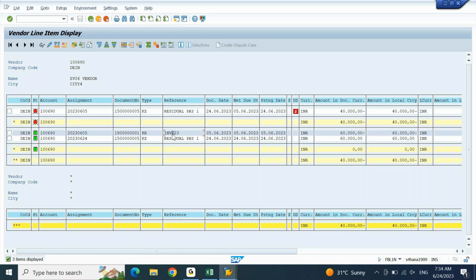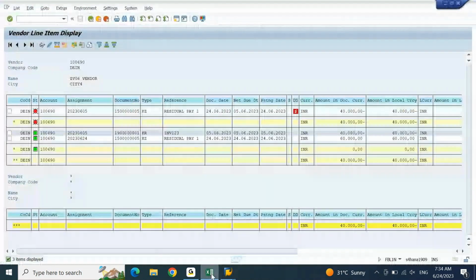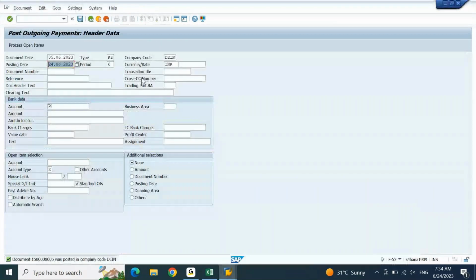Now if I split this, if I make another residual payment, what is the next residual payment? 10,000 from this 40,000. Let's see what will happen. This 40,000 will disappear, another 10,000 will come. Let me put another residual payment for 10,000. I'll put the same date.